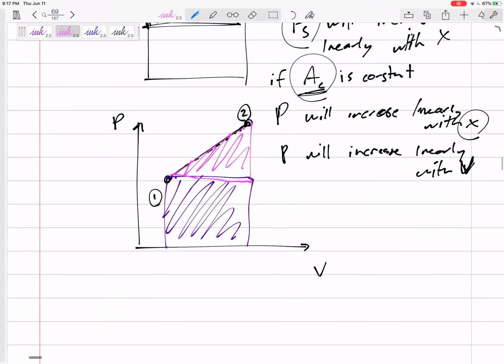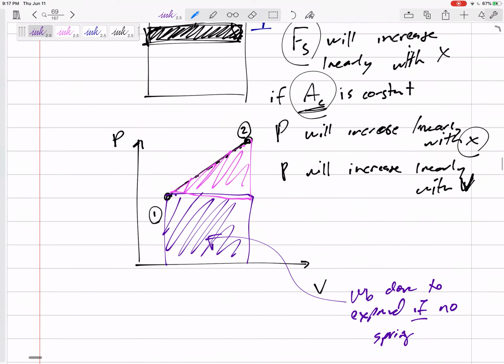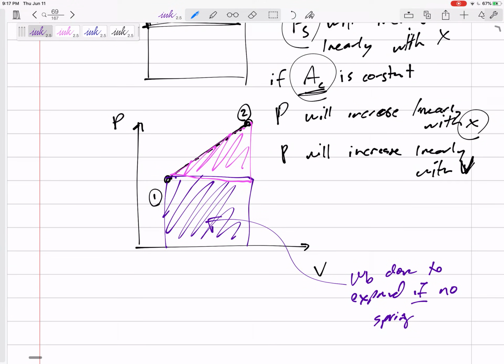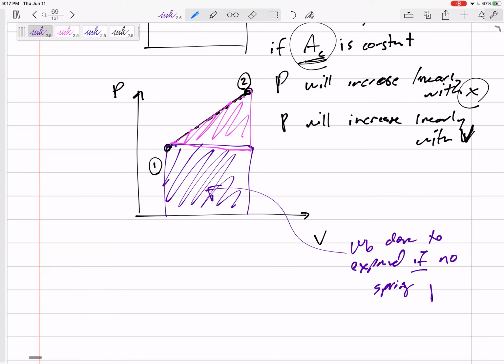This area would be the boundary work done to expand if there was no spring. So if there was no spring, this would just be P delta V.